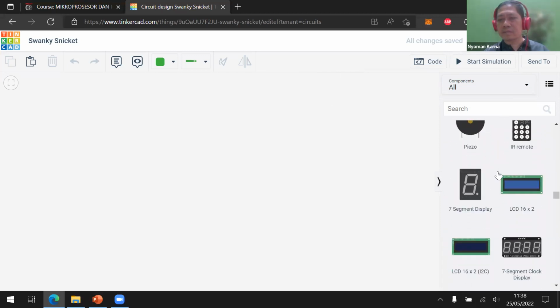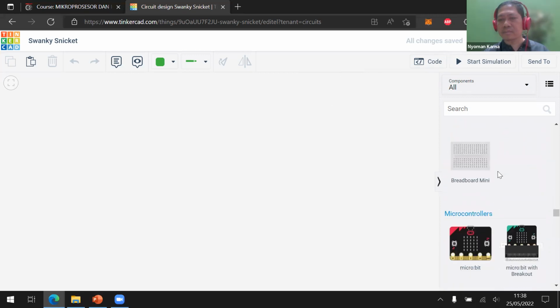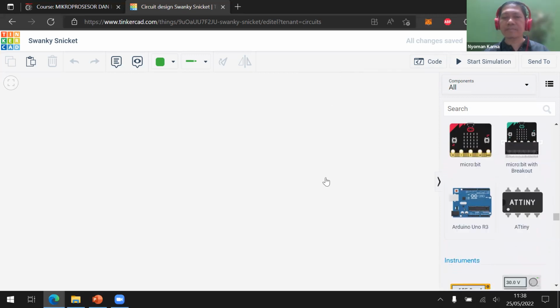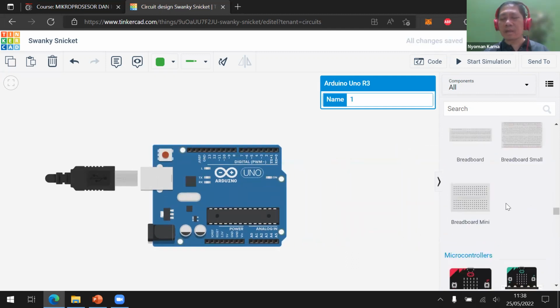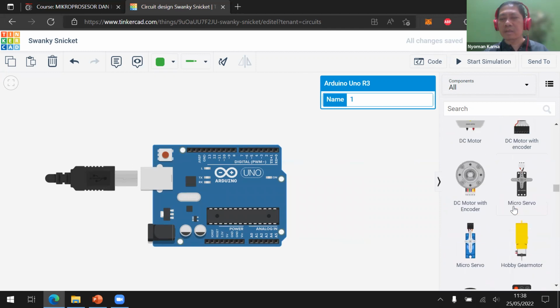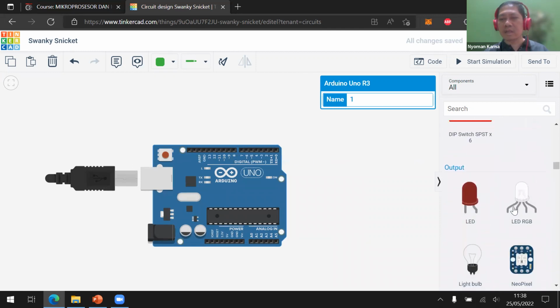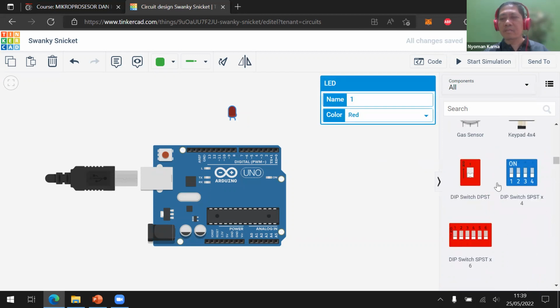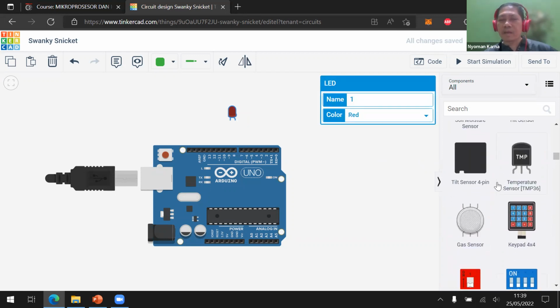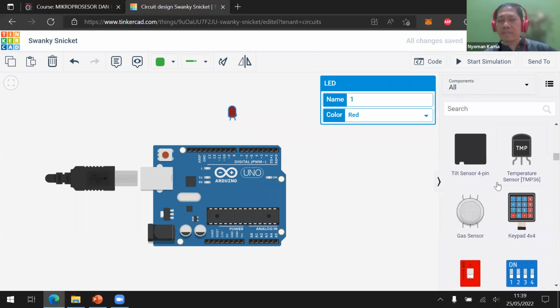Where's the Arduino? There it is. And then let's start with the simplest one, which is the LED lamp. And then the temperature sensor, this one.